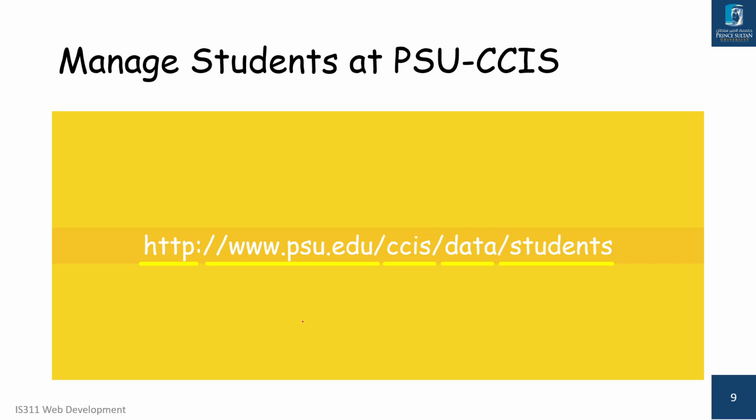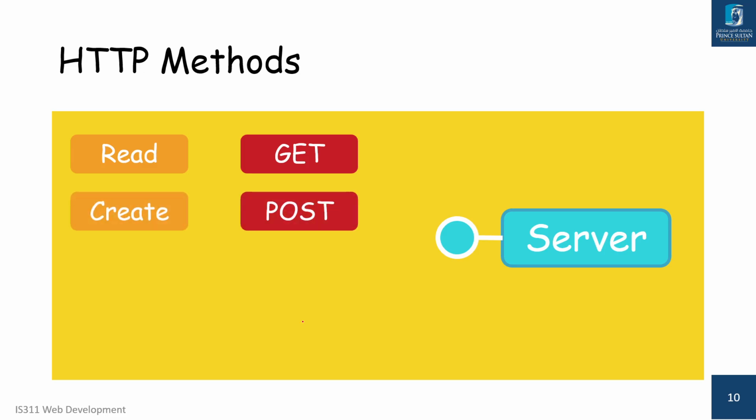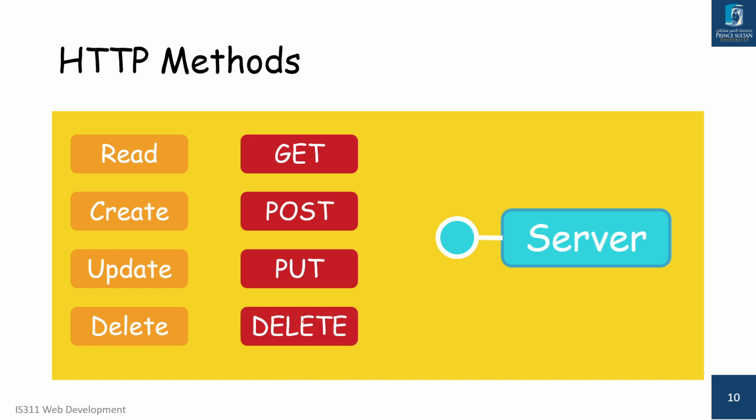So the URL and the type help us identify which specific data the request is for, or what the server needs to perform. For HTTP methods, for read we have a GET method, for create we have a POST method, for update we have a PUT method, and for delete we have a DELETE method.